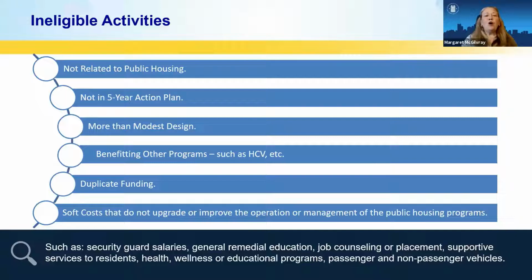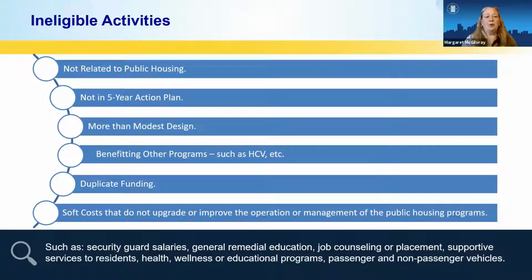One item that is often mistakenly paid for out of capital funds is the purchase or leasing of vehicles, passenger vehicles or otherwise, such as tractors, hogs, ATVs. In order to qualify under the capital fund, they must be used full-time for physical and management improvements funded by the capital fund and in the 5-year action plan.